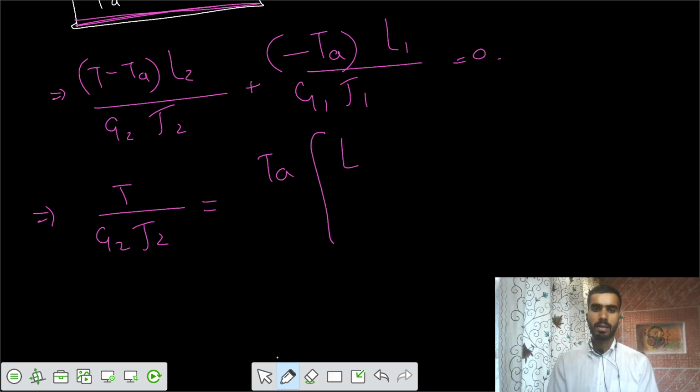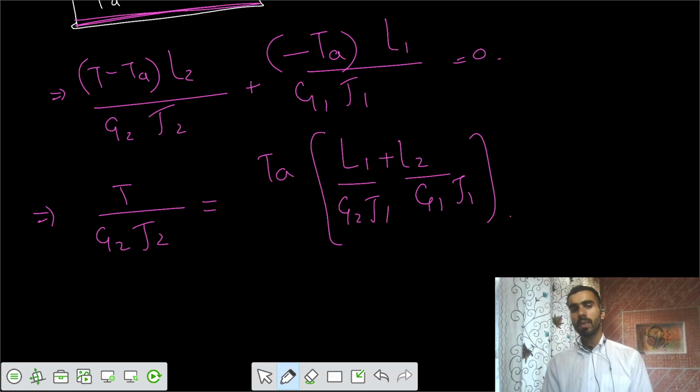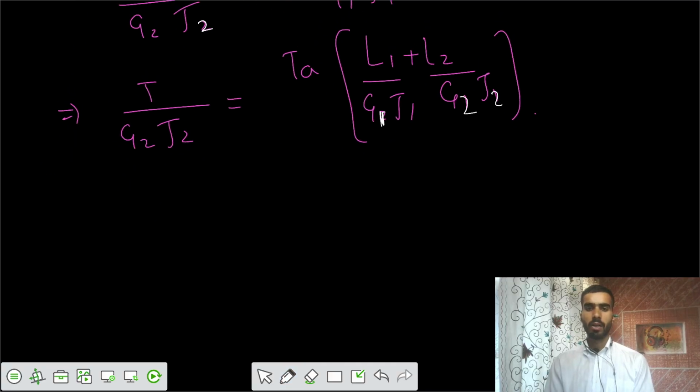TA you can keep common, then you have L1 by G1 J1 plus L2 by G2 J2. You can get the value of TA now.